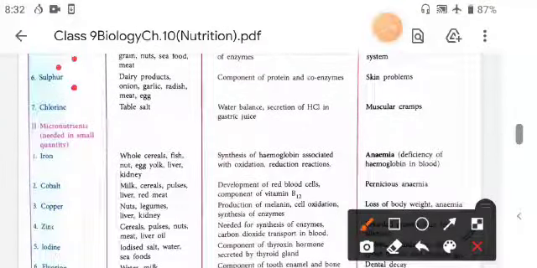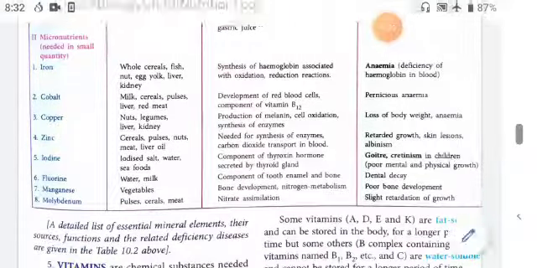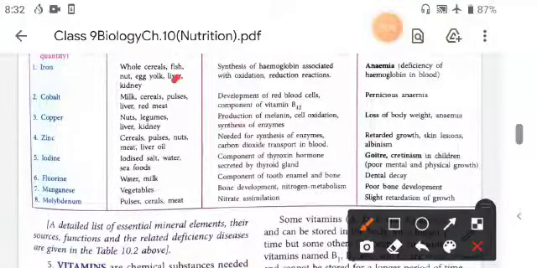You have to take them in large quantities, and then micronutrients are needed in small quantities, that are iron, cobalt, copper, zinc, iodine. Iron is found in whole cereals, fish, nuts, egg yolk, liver, kidney, and its function is to synthesize hemoglobin and it is associated with oxidation reduction reactions.